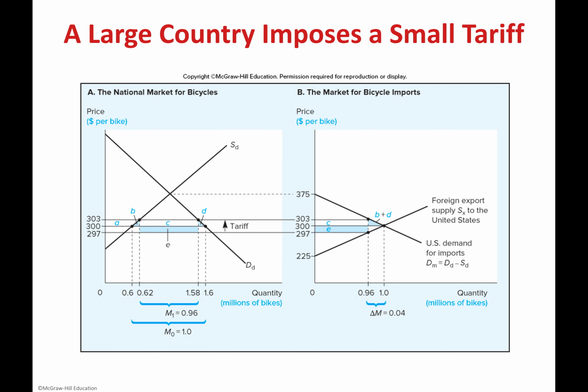So to illustrate this, let's start off with our 300 being the price, that be the world price, without any tariffs. And then what we do is we apply the tariff. Now notice what happens. What happens is probably easier to see on the right hand panel.